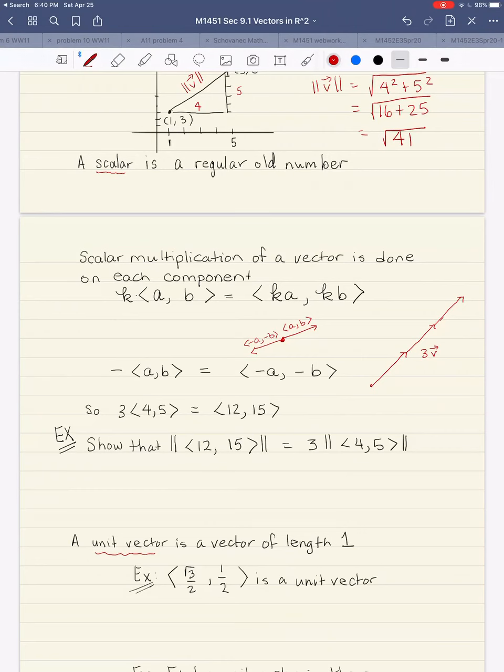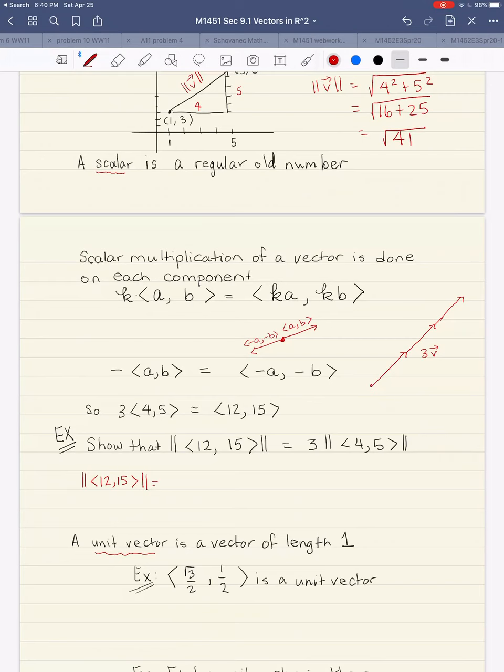What I'm saying is that if you multiply by a positive scalar, like in this example, it triples the length. So let's compute the length of the vector 12, 15, which we got by multiplying vector 4, 5 by 3, and show that it has 3 times the length.